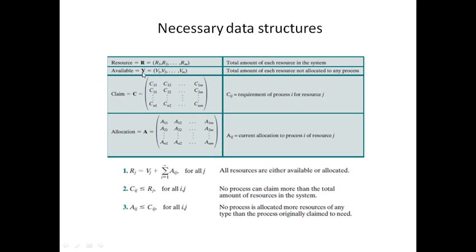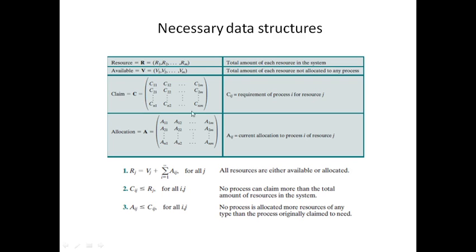And the next one is available. Out of the total number of resources mentioned in the resource vector, some are already allotted to processes. What is available currently is this list. So available will definitely be less than or equal to the resources. It cannot be greater than that.